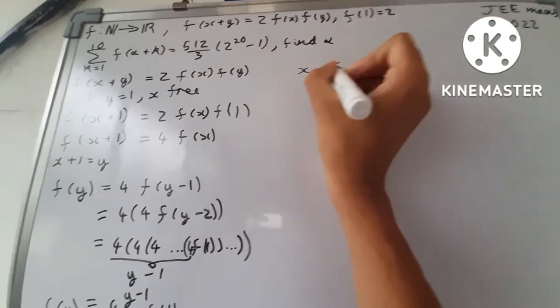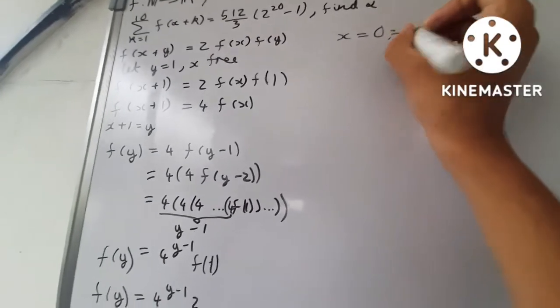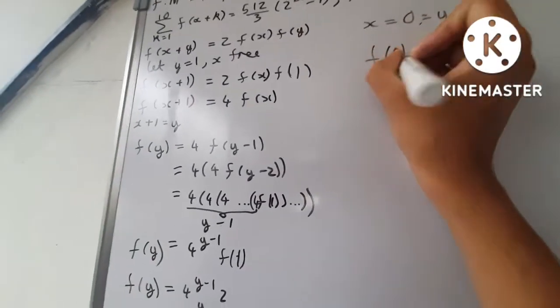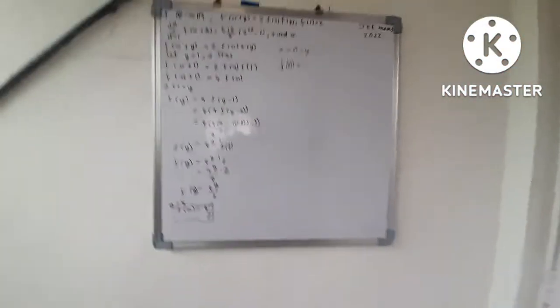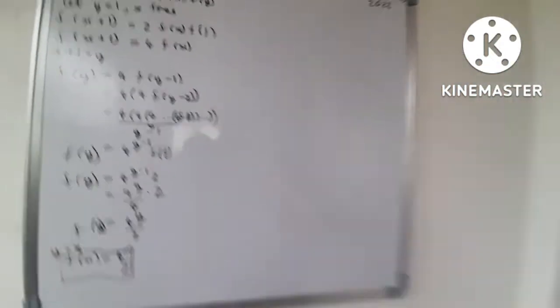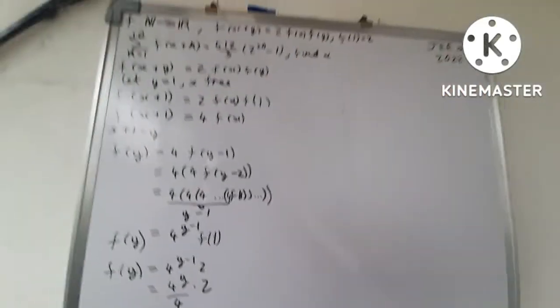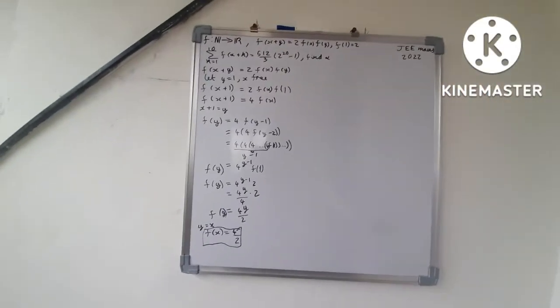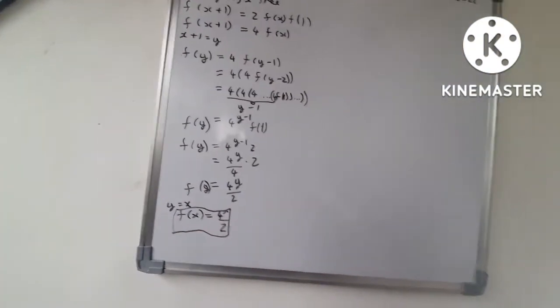So we let x equals 0 and y equals 0. Maybe we'll try that. So we get f of 0 is equal to, well, no, we can't, because they're defined to be natural numbers. Yes, great. Okay, anyway, maybe they did need that part of information, that part of the question, I don't know. Anyways, so this is f of x equals 4 to the x upon 2.